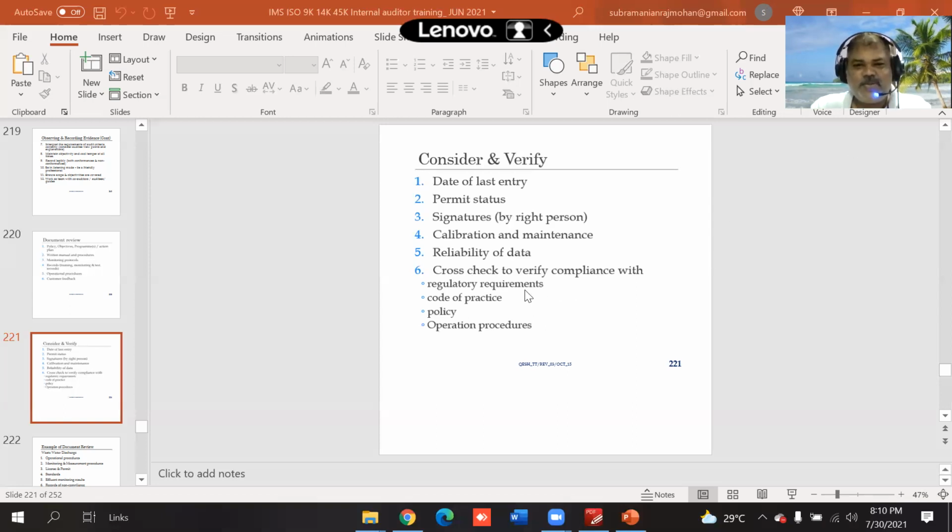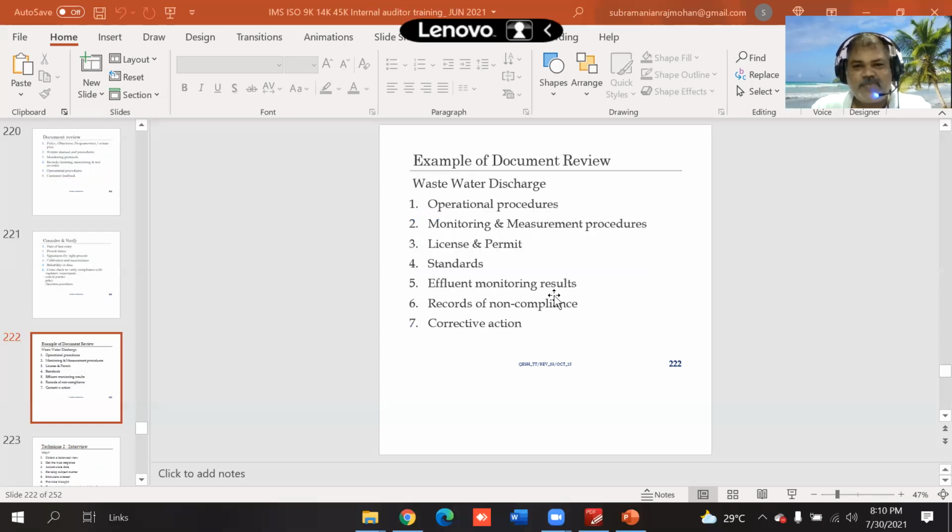Okay, then you have the maintenance, reliability, data, cross-check, those things you can do. Document review: you can check, let's say, the wastewater discharge, the operating procedures, monitoring and measurement procedures, license and permit standards, effluent monitoring results, records of non-compliances and corrective actions.